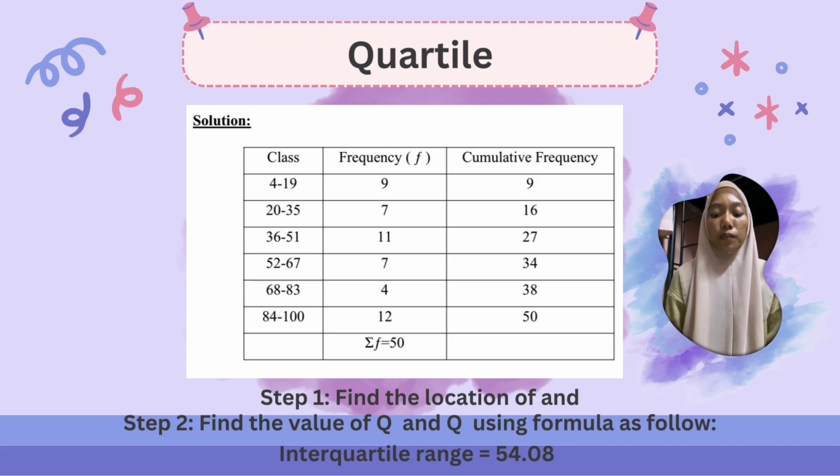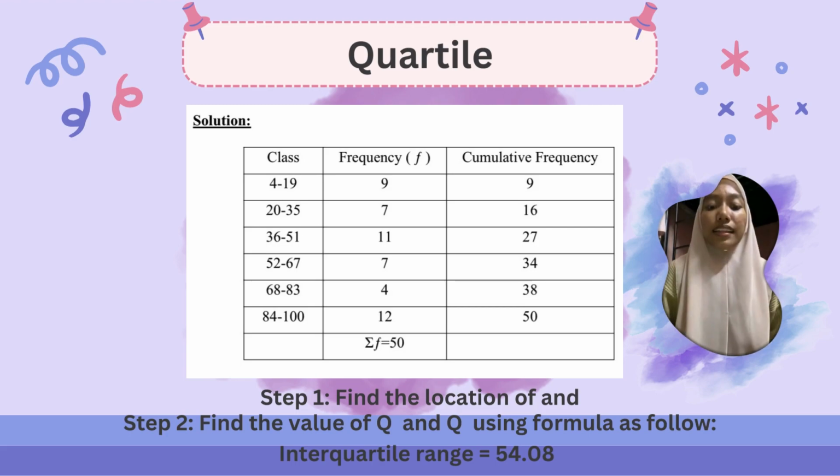This is the table of quartile. It has class, frequency, and cumulative frequency. There are two steps. Step 1 is to find the location of n, and step 2 is to find the value of Q1 and Q3 using n. The interquartile range is 54.08.